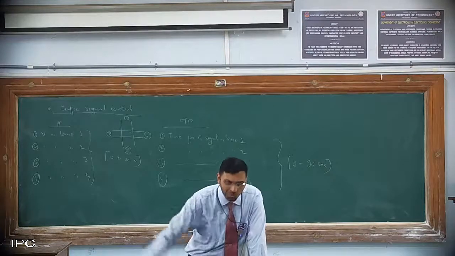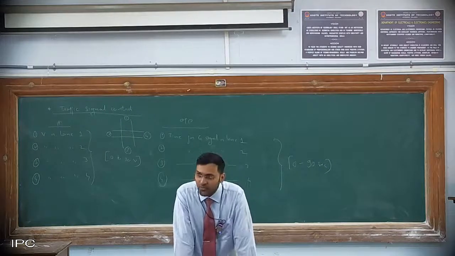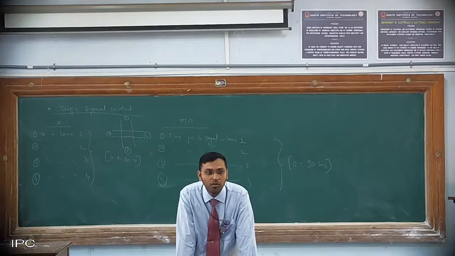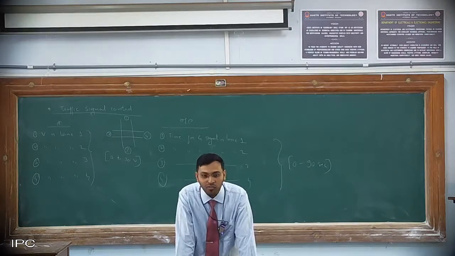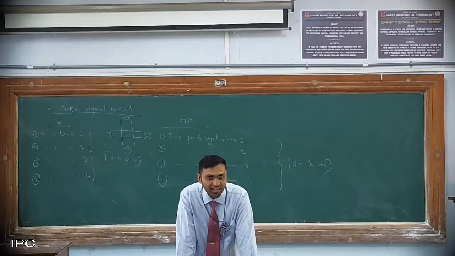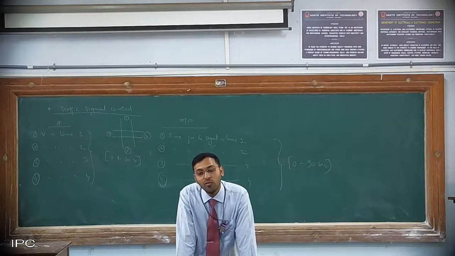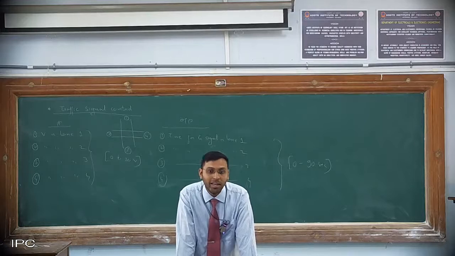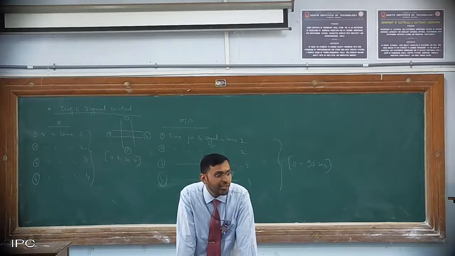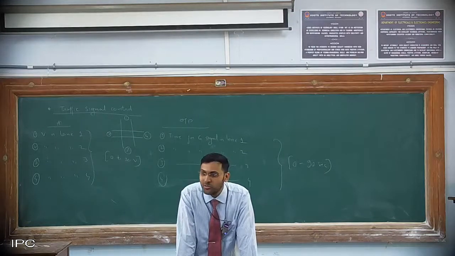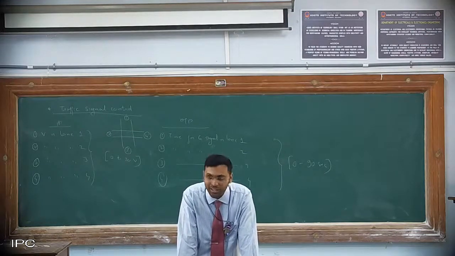But if you want to write the rule: if number of vehicles in lane 1 is low, lane 2 low, lane 3 low, lane 4 low, then time required for green signal for lane 1 should be low. Time required for lane 2 should be low. Time required for lane 3 should be low. Time required for lane 4 should be low. This is one rule.